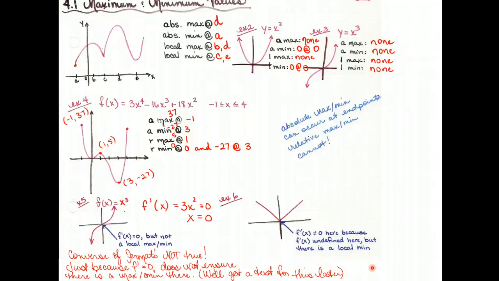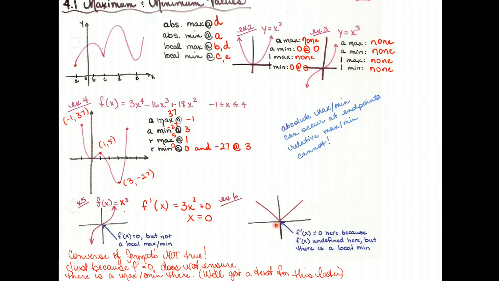Now, setting the derivative equal to 0 is not going to find all of them, because look at the next one. I've got a relative minimum right here at 0, right? But you and I both know that the derivative does not even exist at 0.